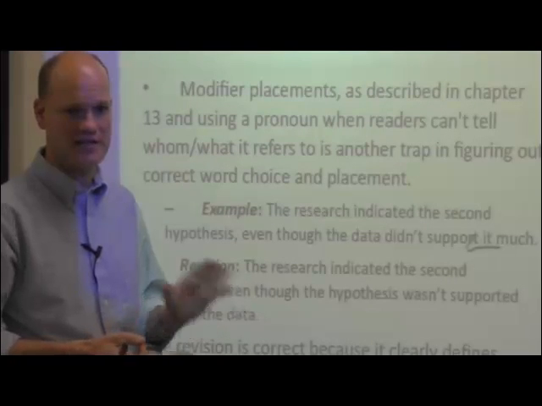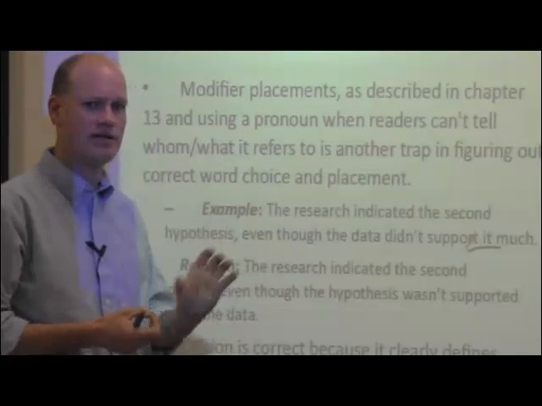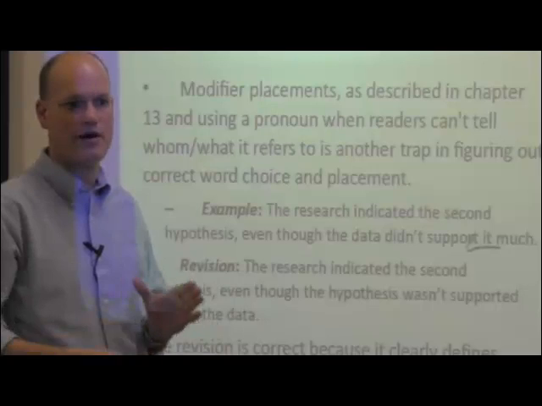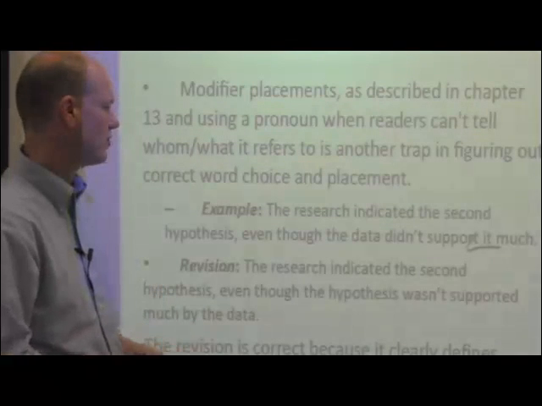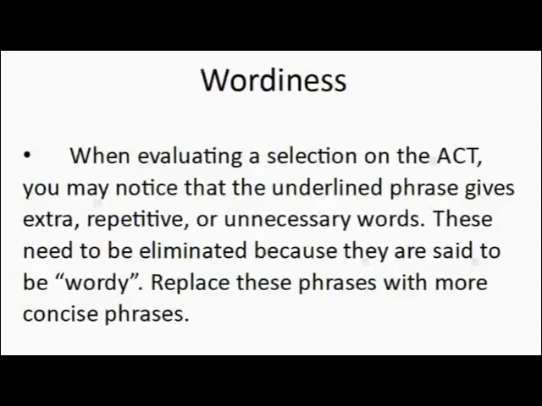You're reading a sentence. If you can't tell what word is being modified, then you want to make sure that you're choosing something that makes sense and it's close to the words being modified. Okay. Another category when dealing with word choice is looking out for the problem of wordiness. So when evaluating a selection on the ACT, you may notice that the underlined phrase gives extra, repetitive, or unnecessary words.